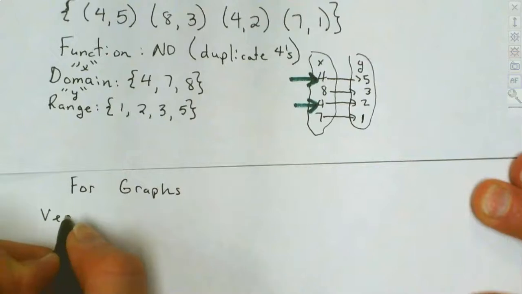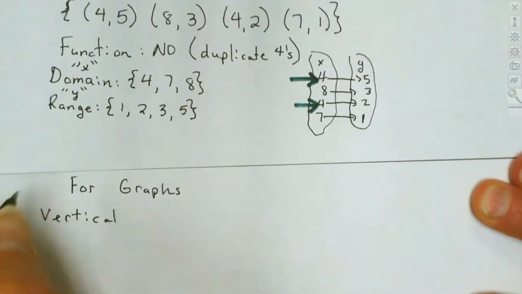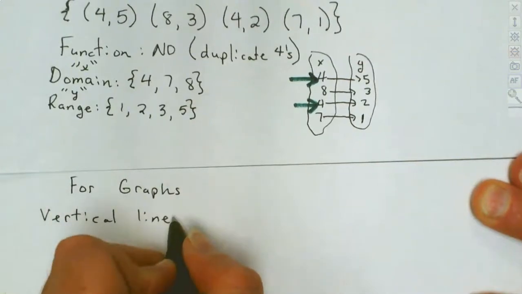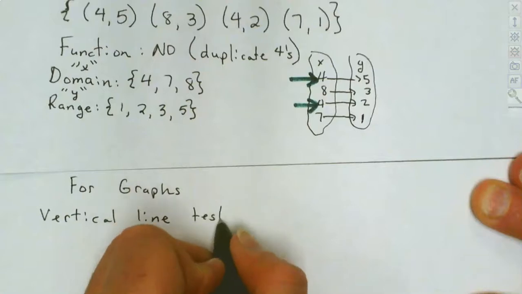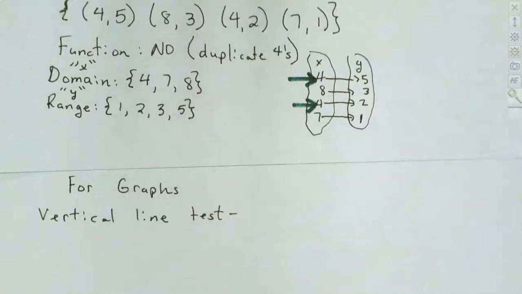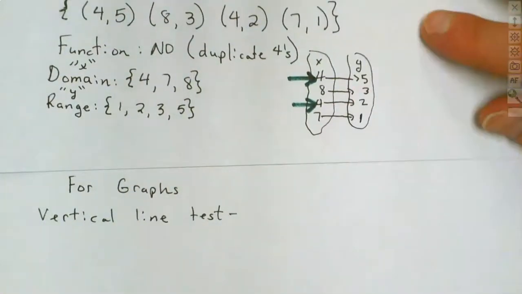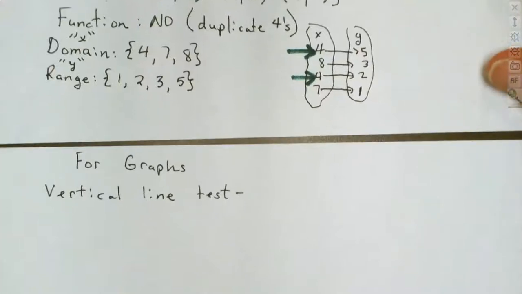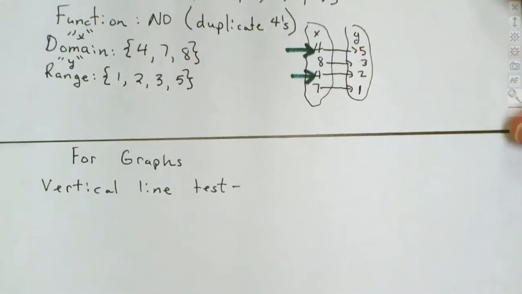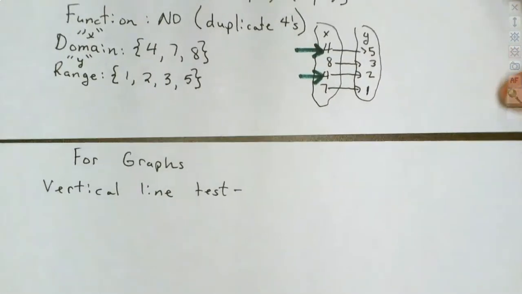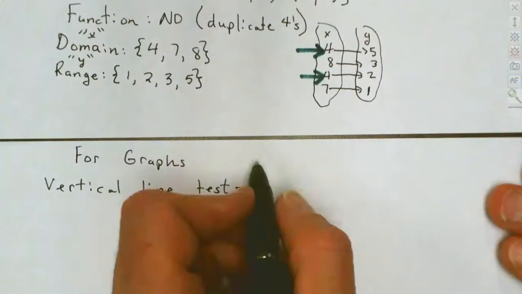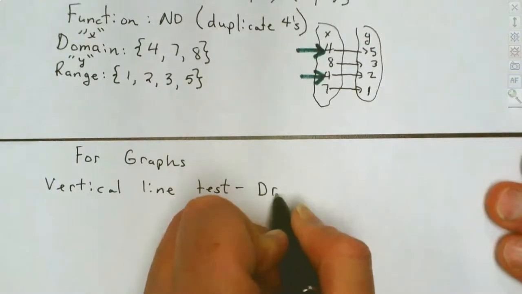We've got the vertical line test. In college algebra, you'll also learn about the horizontal line test. And that's for inverses. But in this class, we're only going to look at the vertical line test. So the vertical line test says this. You draw vertical lines.